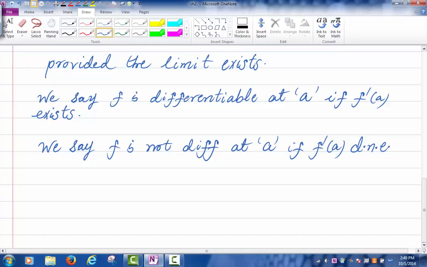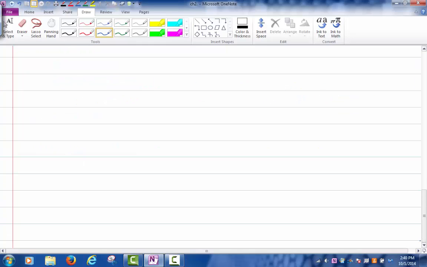Let's look at a couple of examples to explain how this limit works. Here is an example. Did you guys need time to write that up? Everybody has that down? Okay, so here's an example. Let's take the function f of x to be given by x squared, and what I want to know is what is f prime of, let's say, 2.